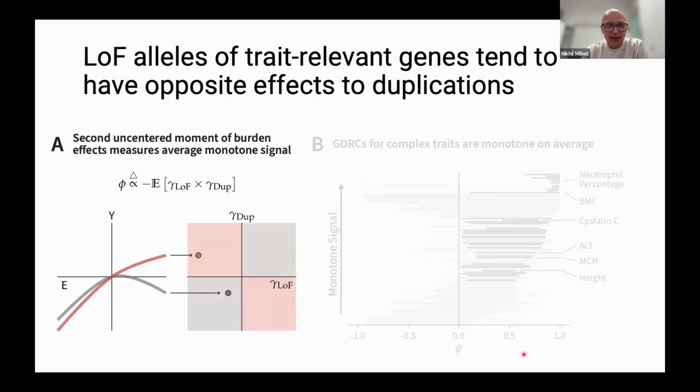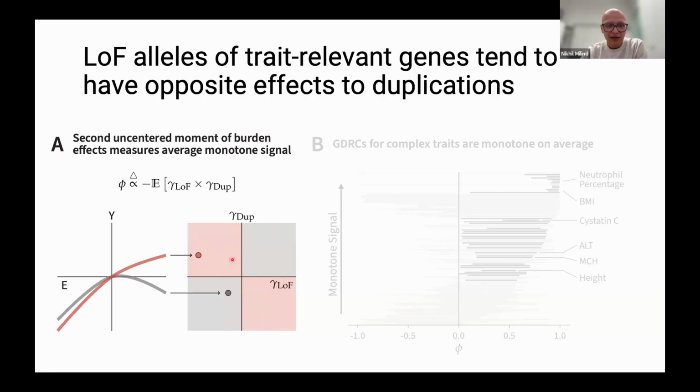Okay. So one very simple idea we had was estimating the correlation between deleting and duplicating genes. So why does this work? Here's a quick schematic to explain how this works. Imagine I make a plot of the deletion effect versus the duplication effect of a gene. If the gene is monotone increasing like this, then it falls in this quadrant right here, right? Because deleting it reduces the trait, but duplicating it increases the trait.